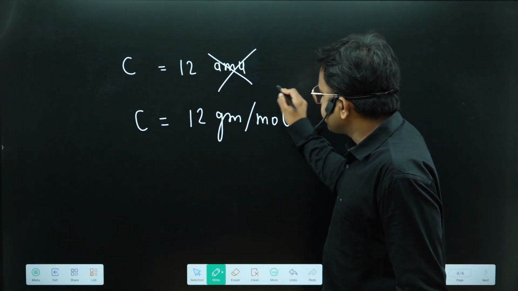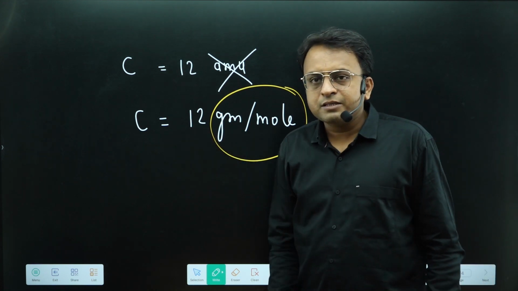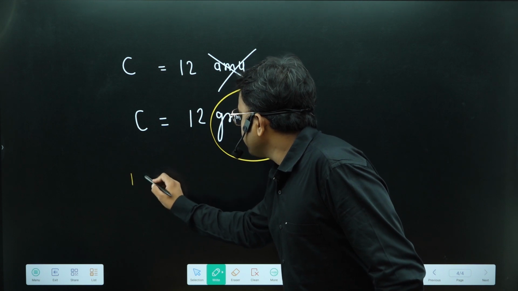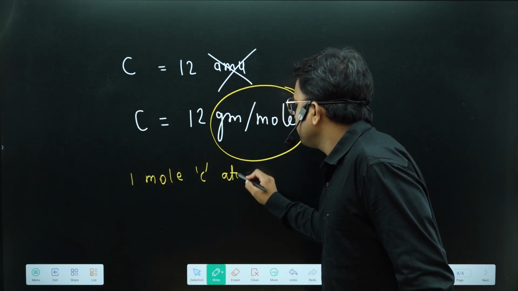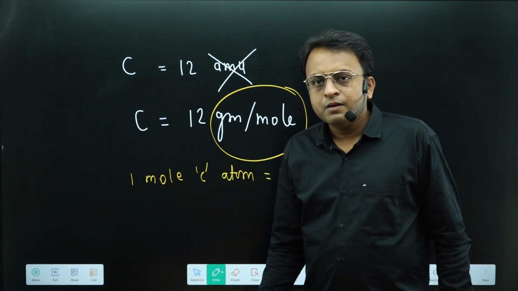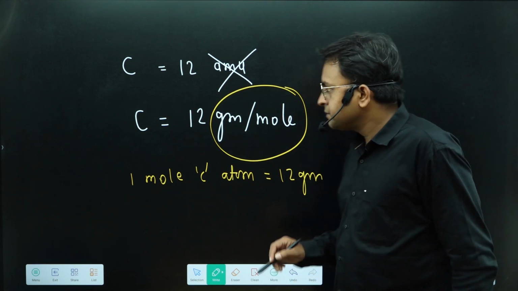Again, we are going to understand what is gram per mole. Carbon has a mass of 12 gram per mole. This means 1 mole of carbon atoms has a mass of 12 gram.